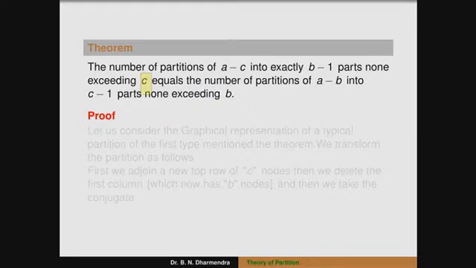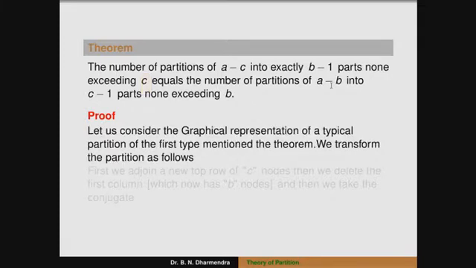None exceeding C is equal to the number of parts of the partition n equal to A minus B into C minus 1 parts. Here C minus 1 parts means the number of rows, and not exceeding B means the number of columns is not exceeding B. When I go through the Ferrers diagram, it can be easily understood.